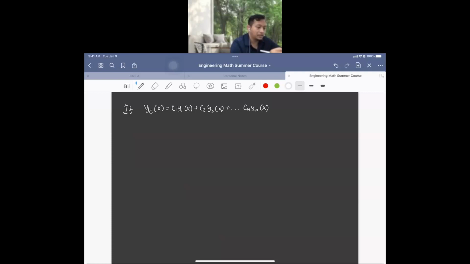Let me use n instead of k to make it more general. This is called the complementary function. So we can write y equals yc of x plus yp of x. Of course, this is the homogeneous part, and this one is non-homogeneous.